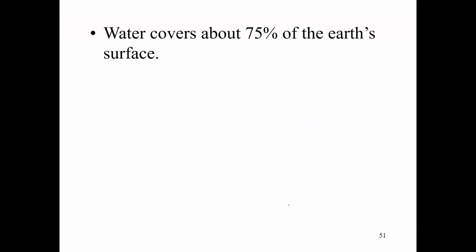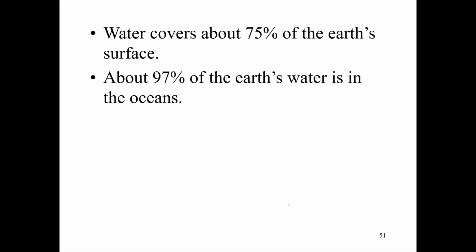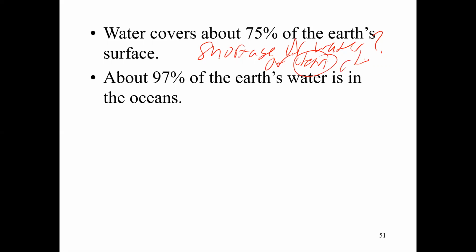Now, water covers about 75% of the Earth's surface. We'll never have a shortage of it. 97% of the Earth's water is in the oceans. And believe it or not, if you hear a story saying there's a shortage of water, what that means is a shortage of clean, cheap water.